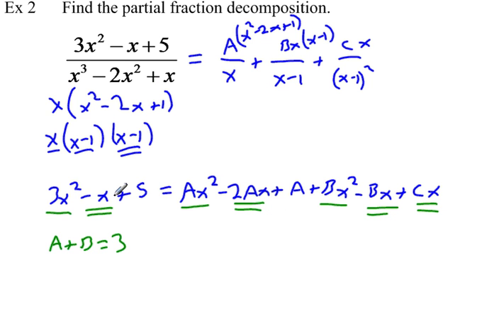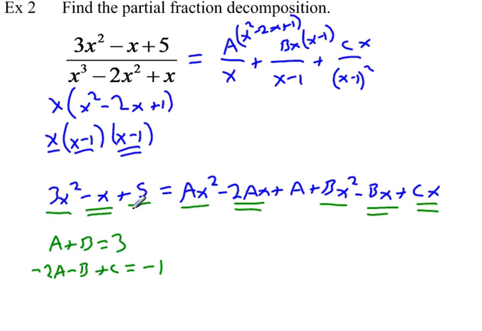So now we've got minus 1x equals minus 2ax minus bx plus cx. That means that minus 1 equals minus 2a minus b plus c. Let me write that out. Minus 2a minus b plus c equals minus 1.